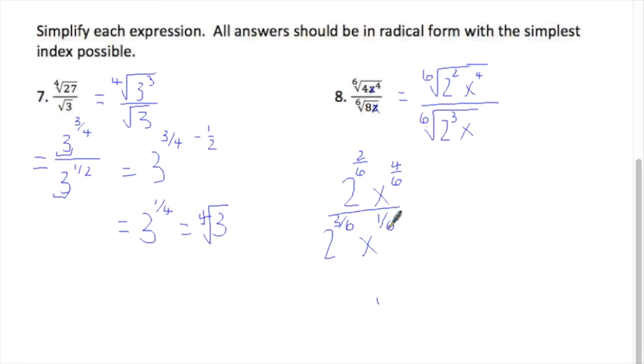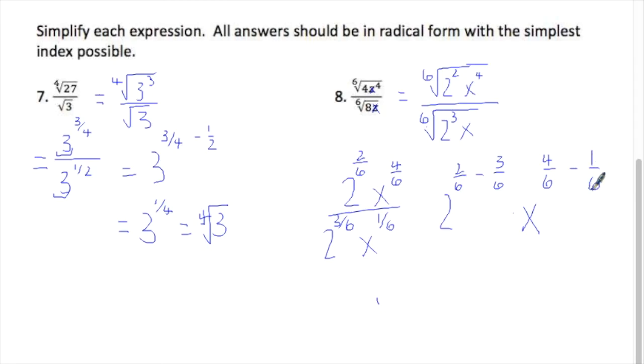And now I can take my numbers with the same base and subtract the exponents. So 2 to the 2/6 minus 3/6, and x to the power of 4/6 minus 1/6.